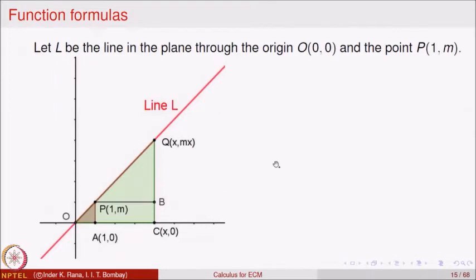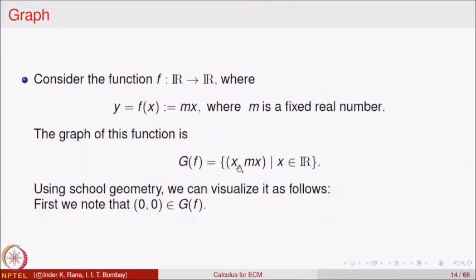So, let us look at any line in the plane which passes through the origin, because origin is on the graph, and if in our function x is equal to 1, then 1 comma m also is a point on the graph.